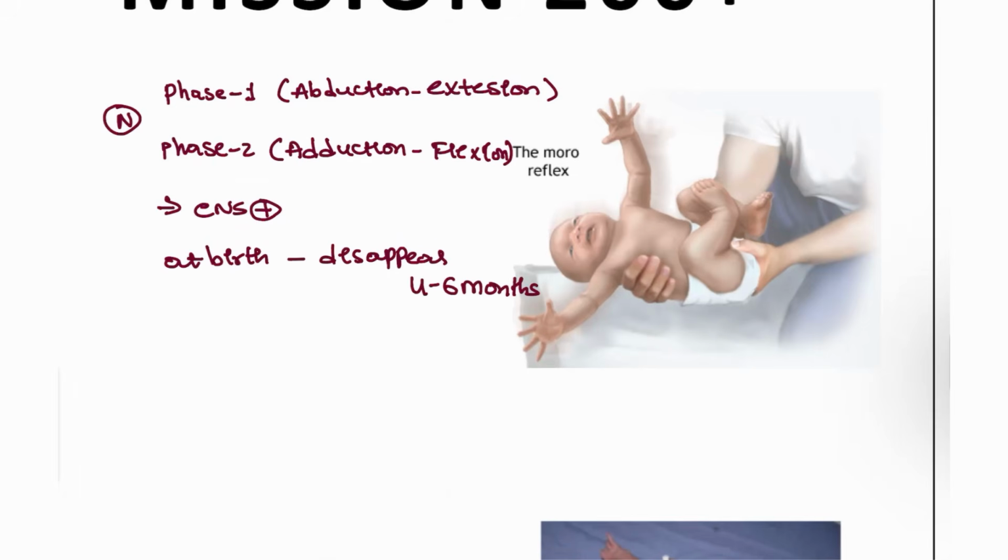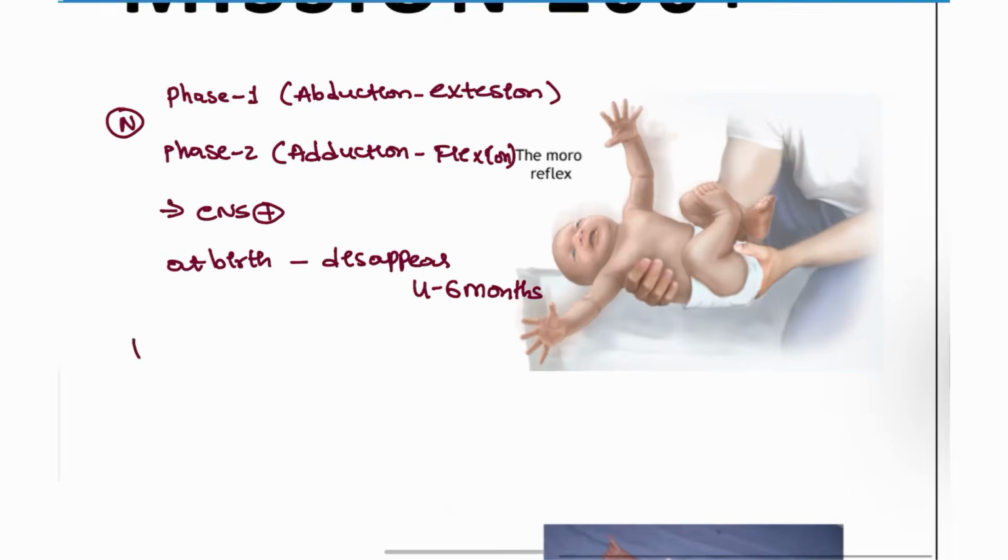Next, in which patients is it absent? If the Moro reflex is unilaterally absent, then it is Erb's palsy, due to damage to the nerve root.